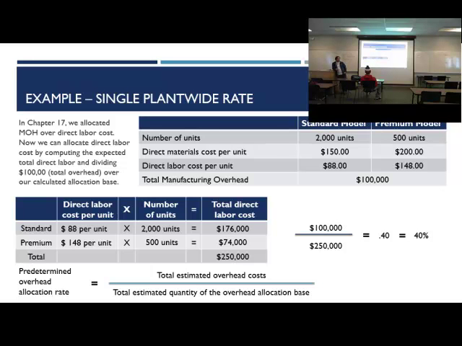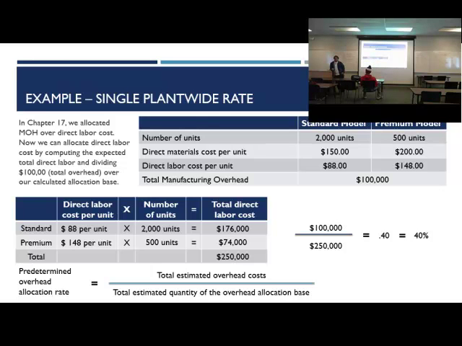So go back to my example. We're going to add, for overhead, we're going to add 40 cents to every dollar of what? So we're going to add 40 cents or 40% of what as overhead? Which would be, what's our cost driver? Direct labor. Direct labor hours or cost?